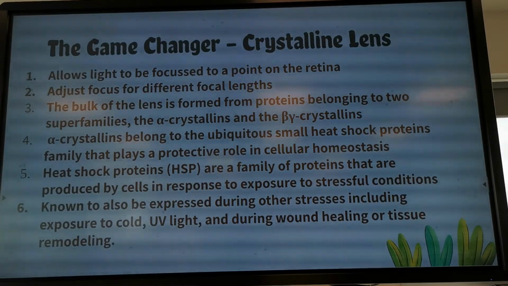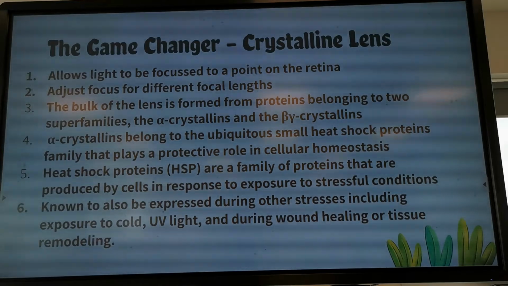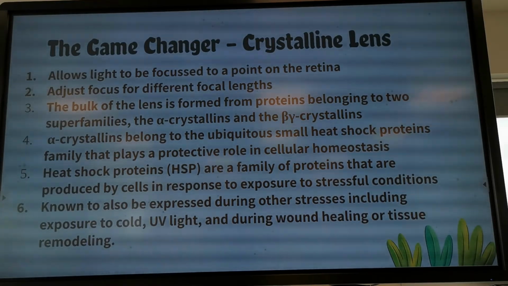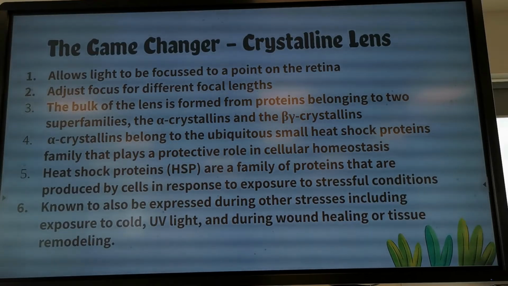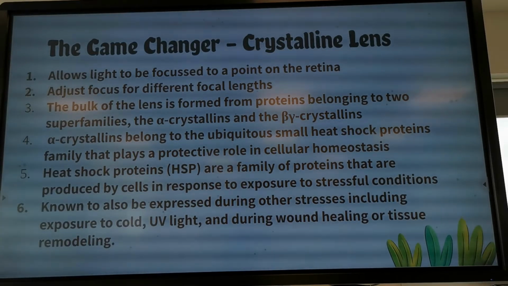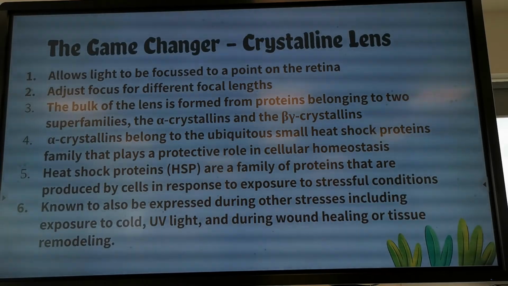The job of a heat shock protein is to alert a cell to some kind of change in the environment, whether it's heat, changes in temperature, or UV light, and they play a role in the healing of wounds and things like that.